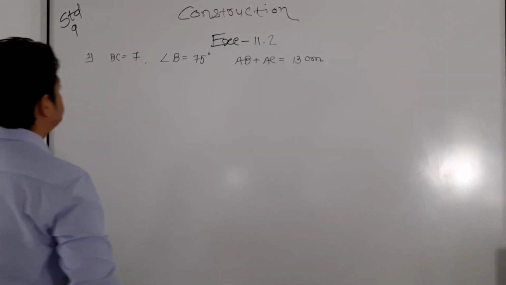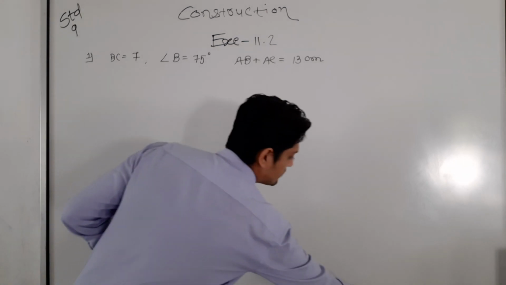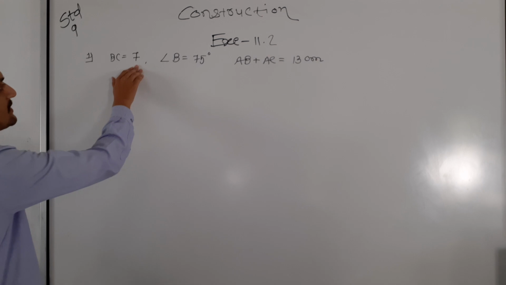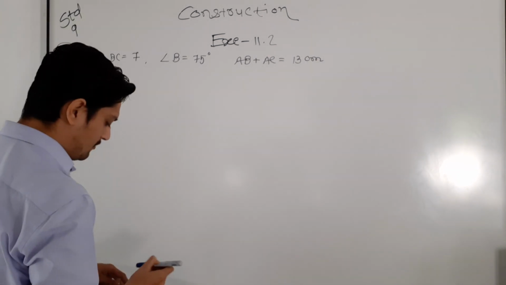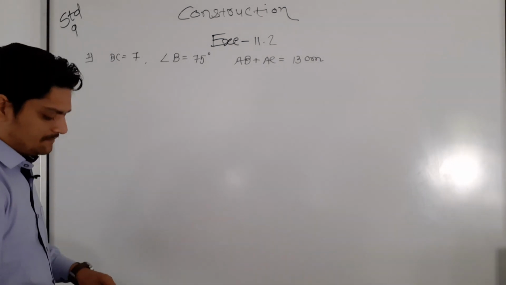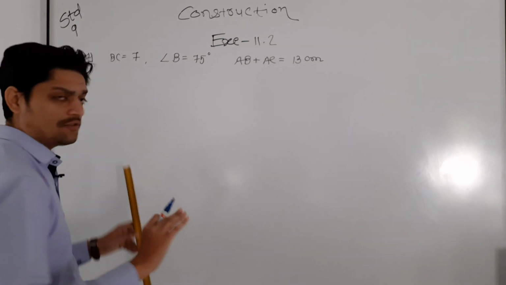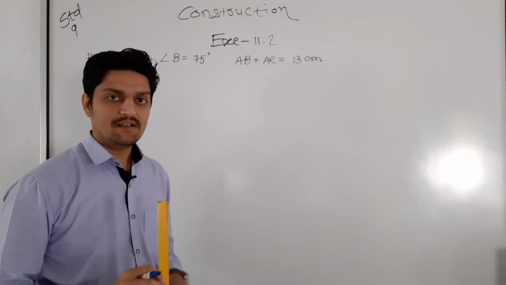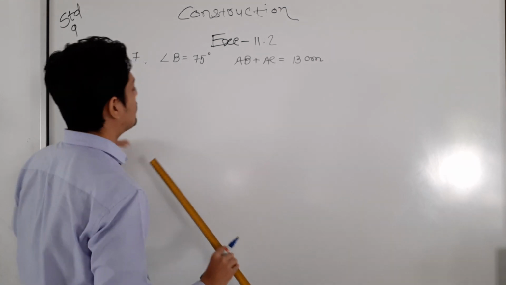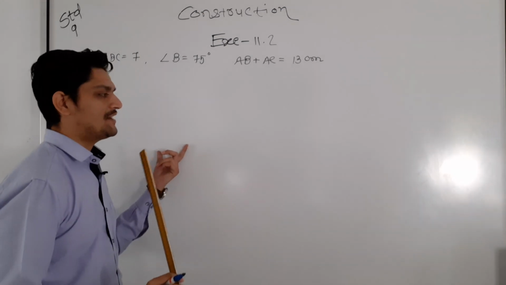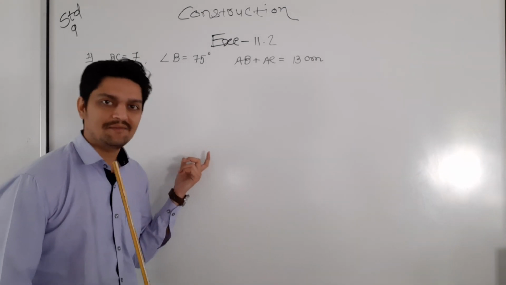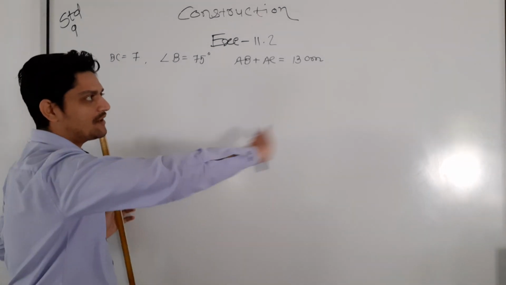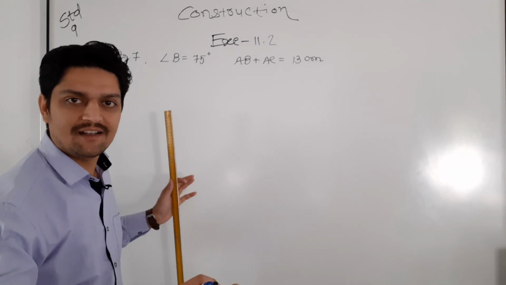Now let's do it. First you have to draw the base, that is 7 centimeter. This is BC, 7 centimeter. Here I have to use a big scale compared to yours, because this is a large board, so your units will be comparatively small and mine comparatively big.